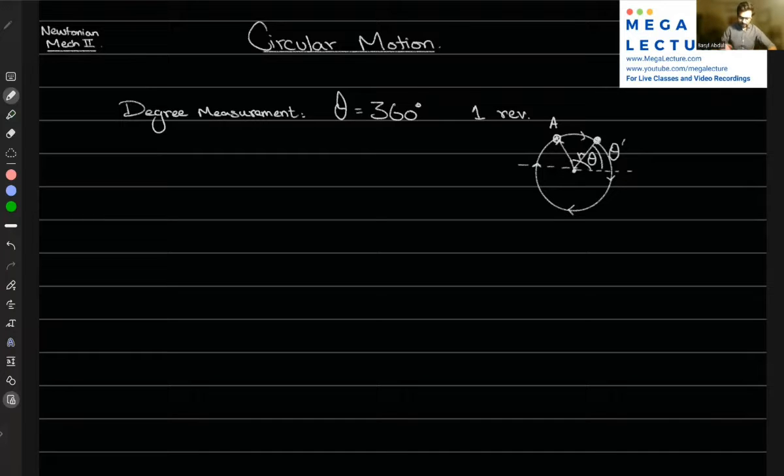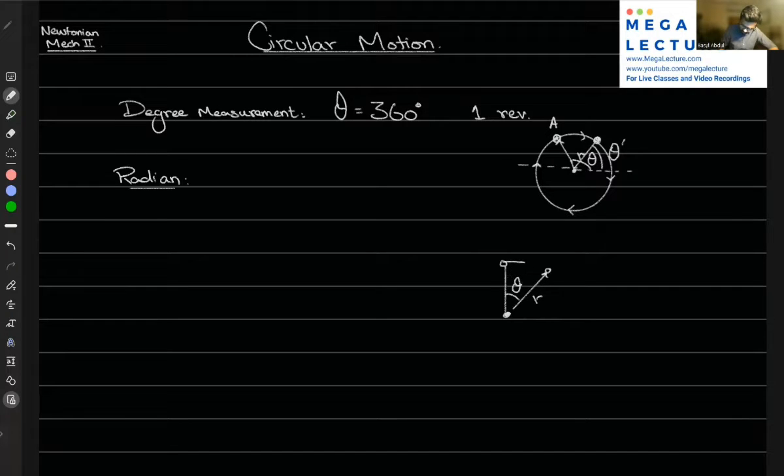So we can define another measurement for angle, which is known as radian measurement. Now, a radian measurement is simply defined as the ratio of the arc length to the radius. So for example, this is the center, and at some point, the radius vector points like this. So the object was here, and suppose it moved some distance and the radius vector now points like this. So it has covered some angular displacement theta from here to here.